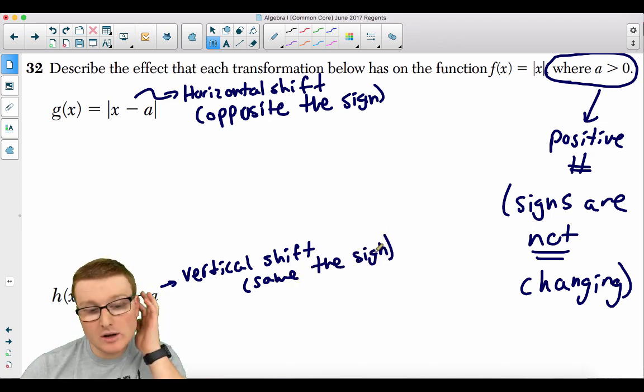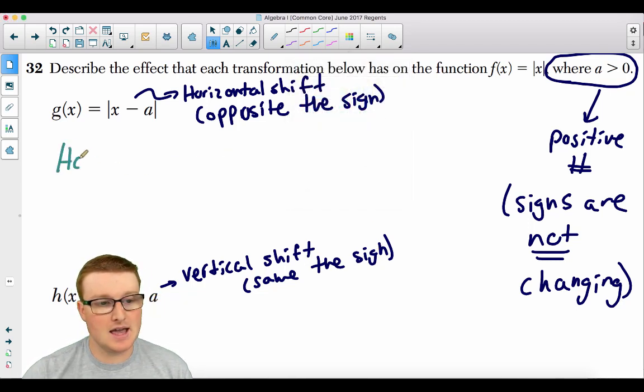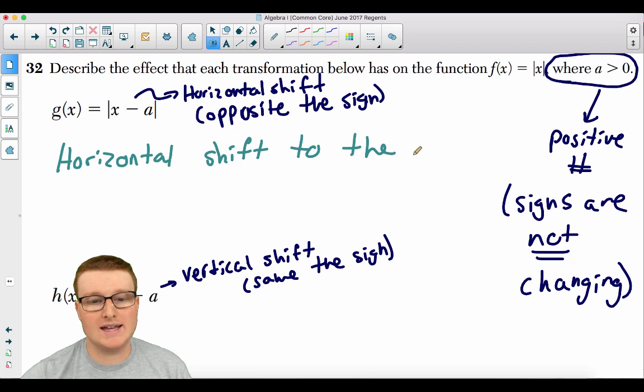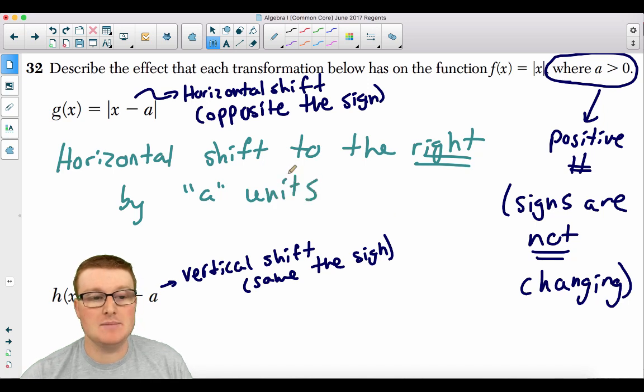So in order to explain it, all you got to do is say it is a horizontal shift to the right by a units. Because it's opposite the sign. You would think it would be going to the left because it was negative. No, it's going to the right by a units.